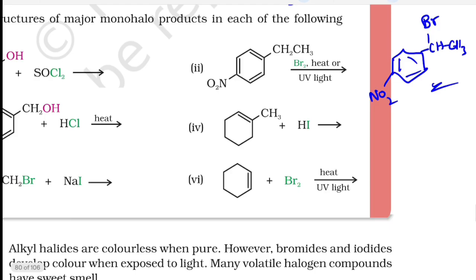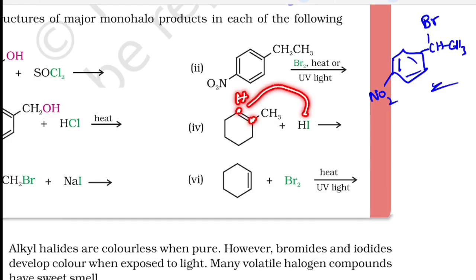So next there is a compound and here HI is given. So whenever you see a double bond and HI, you have to think of Markovnikov's rule. So break this double bond, add hydrogen to the carbon containing more number of hydrogen atoms. So here this carbon has 1 hydrogen atom and this carbon doesn't have a hydrogen atom.